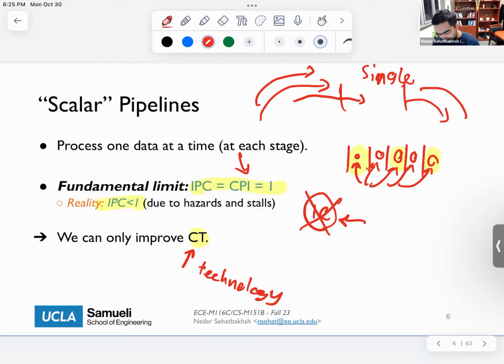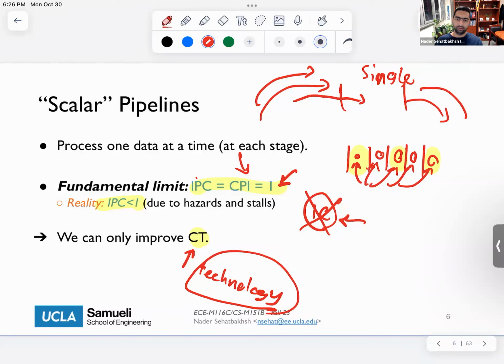So the status quo is that at best we can achieve CPI equal to 1. IC is not controlled by us, and CT is just a function of technology. This is basically the end of the story of scalar pipeline systems. You cannot really go beyond this, okay?